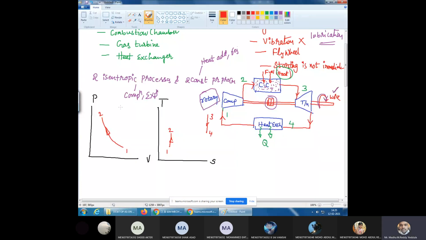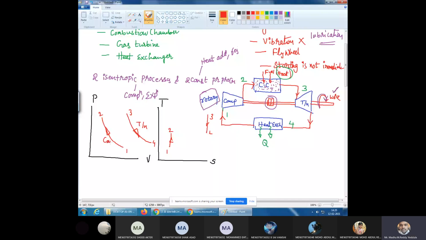In the same way, the 3 to 4 expansion process is happening inside the turbine, and 1 to 2 is inside the compressor.